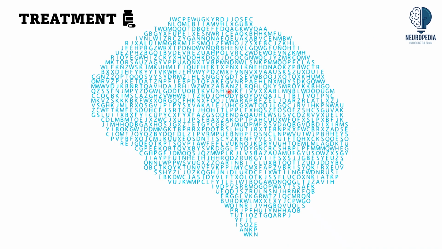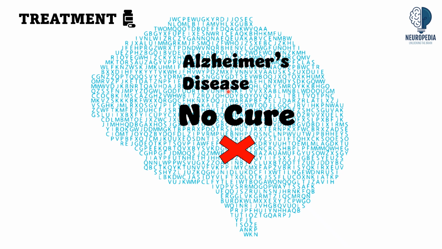Let's talk about the treatment. Currently there is no cure for Alzheimer's disease, but there are treatments that can help to slow the progression of the disease and manage the symptoms that are associated with it.